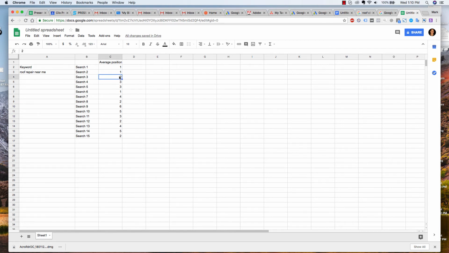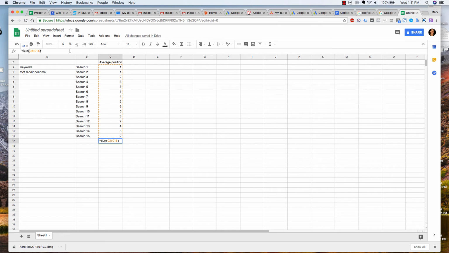It shows up 1 again. Then someone searches from somewhere else, and this is what's happening throughout the day. So let's see, out of these 15 searches, let's say the sum of all of these is 44. Now let's divide that by 15 searches.